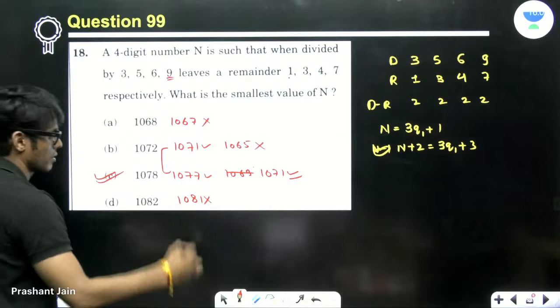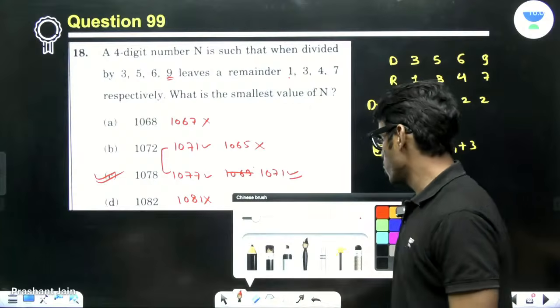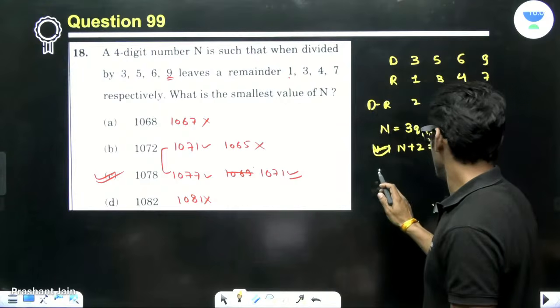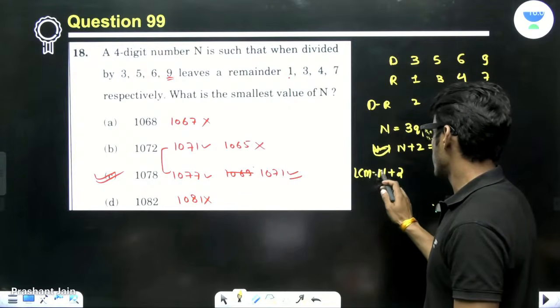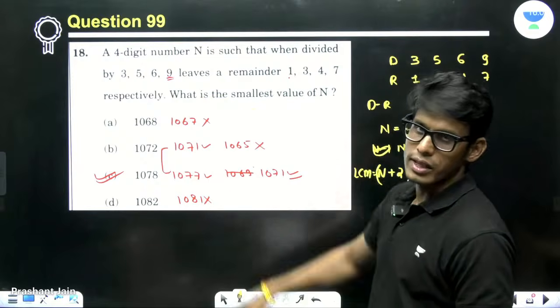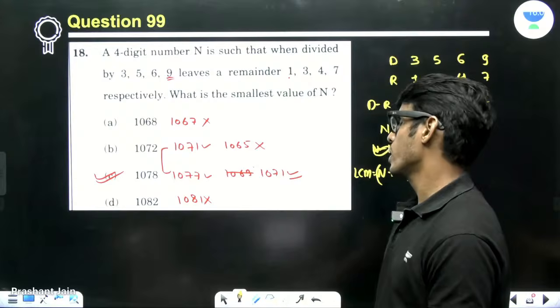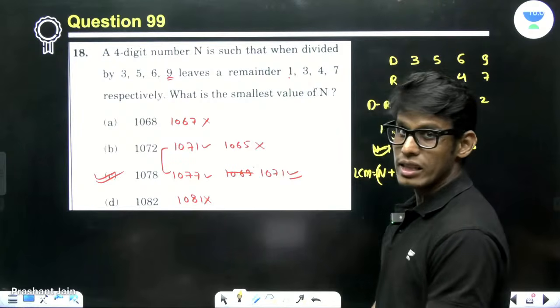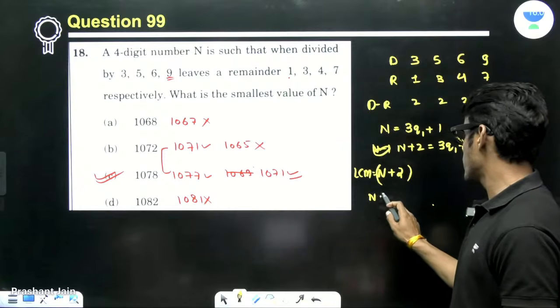So this is my answer. Otherwise, if you want to know the general logic, then n plus 2 equals the LCM of 3, 5, 6, 9. What is the LCM? 9 into 5 is 45, into 2 is 90. 90 is the LCM. So n plus 2 equals 90.